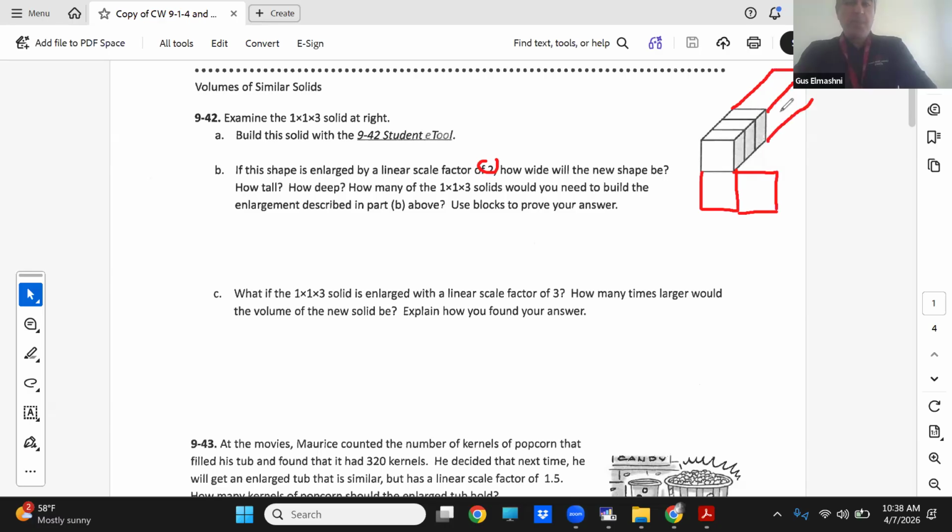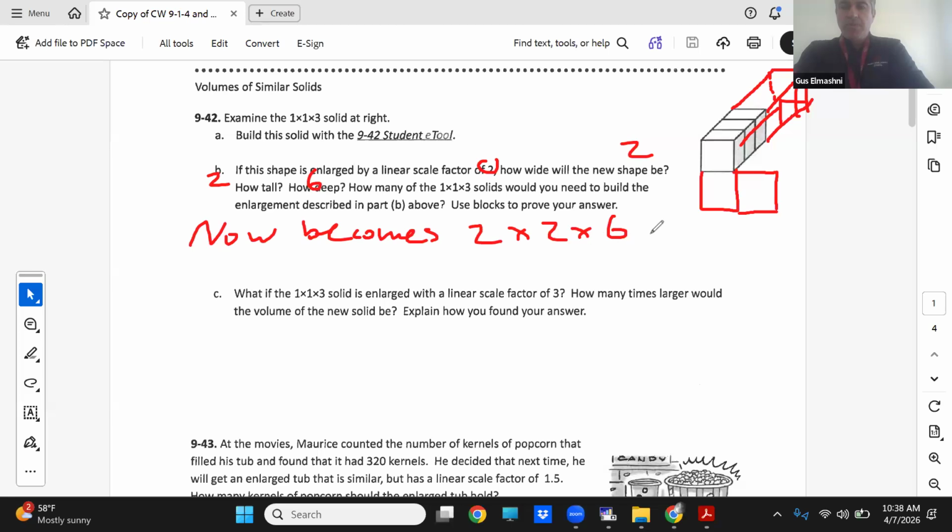So is it 3 deep or 6 deep? 6 deep, yep, you got it. So that's how you could draw it. So instead of a 1 by 1 by 3, it now becomes a 2 by 2 by 6. So how wide? 2. How tall? 2. How deep? 6.